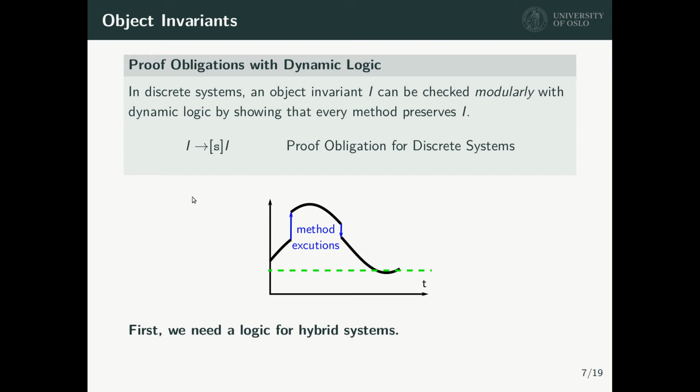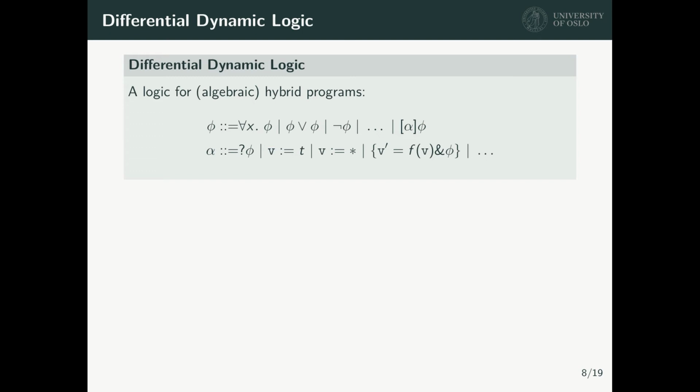But luckily for us, there is already a logic which can do that, and that's the differential dynamic logic, which is implemented in the KeYmaera X tool. And it's a standard first-order logic over the reals, so it has quantifiers, the usual connectives, and a modality, but inside the modality there are algebraic hybrid programs, which are a very, very simple while language.